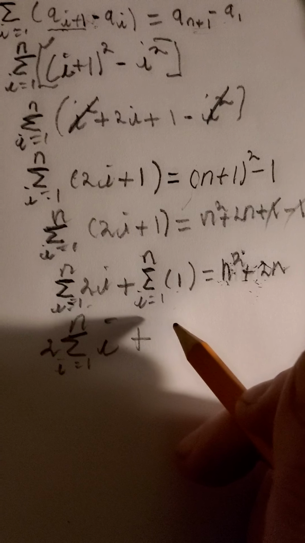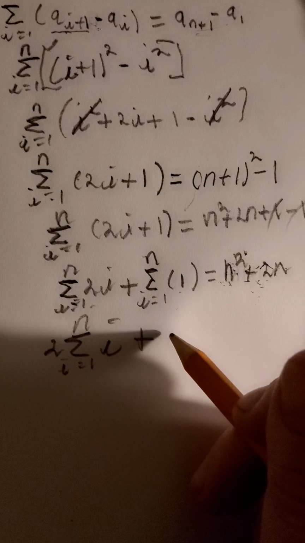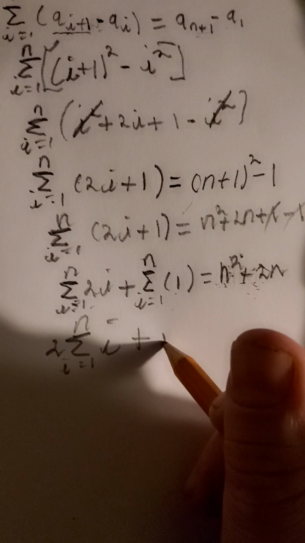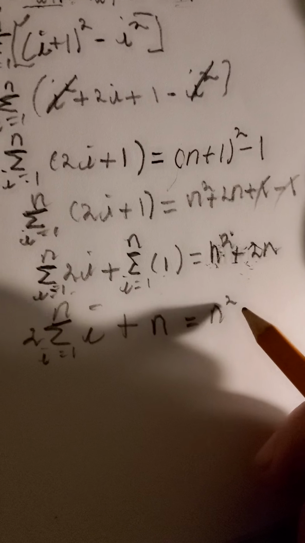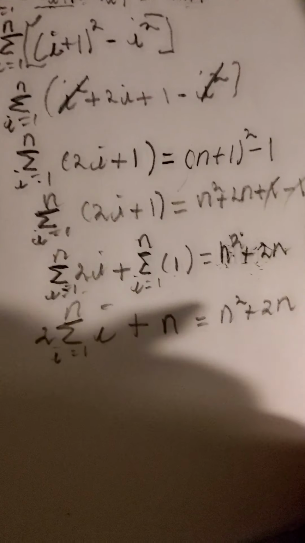So it's just going to sum all the way up to n times, right? So you have n there, and that equals n squared plus 2n.